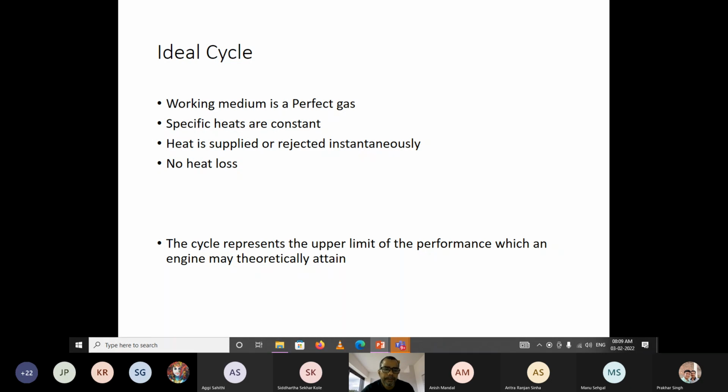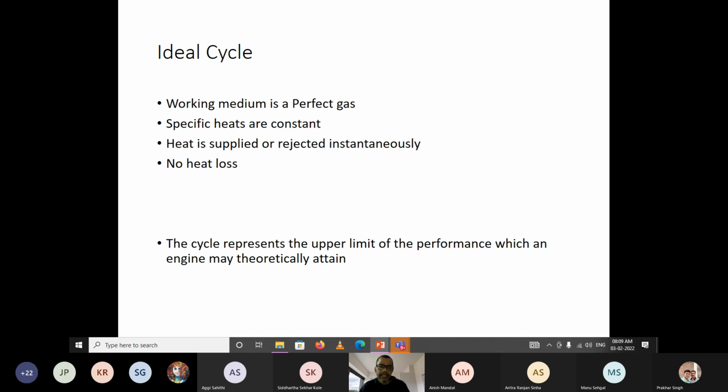The third assumption is that heat is supplied to or rejected from the system in an instantaneous process. It is happening very fast. And the fourth, we are assuming that there is no heat loss. So these are the assumptions on which we consider the ideal cycle.